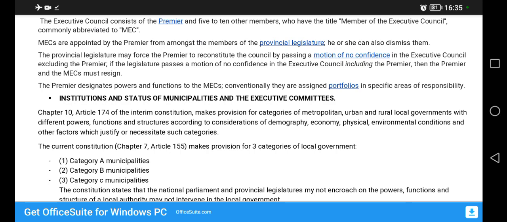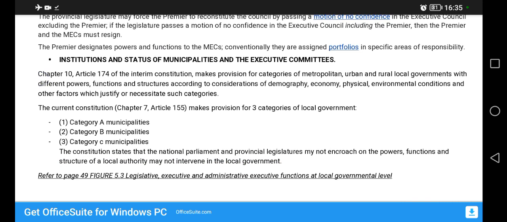You, number two, you're going to deal with the Department of Social Services. You, number three, you're going to deal with the Department of Agriculture, etc., etc. So hence I'm saying they act as the president of the provinces.